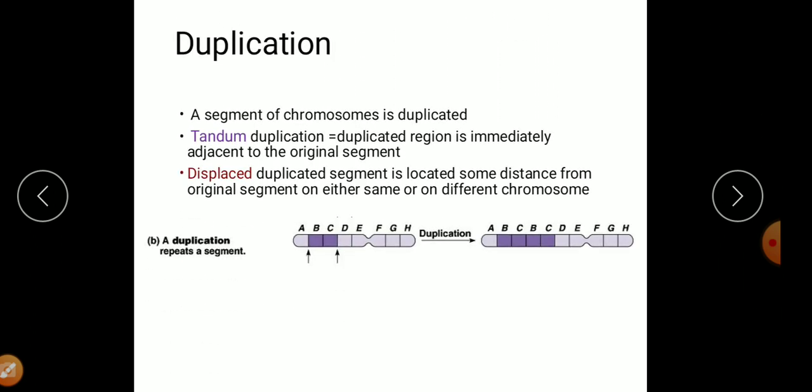So let's see duplication. In a duplication, a segment of a chromosome gets duplicated.